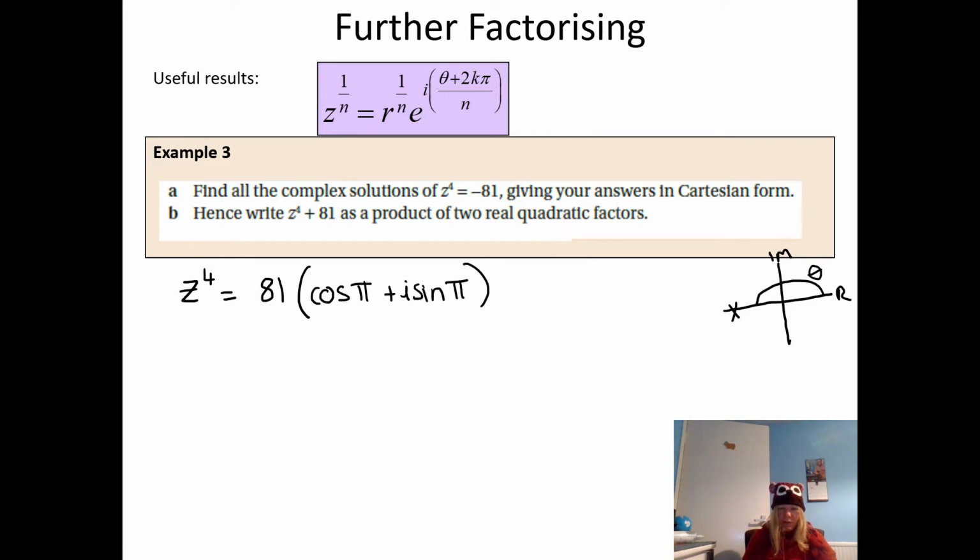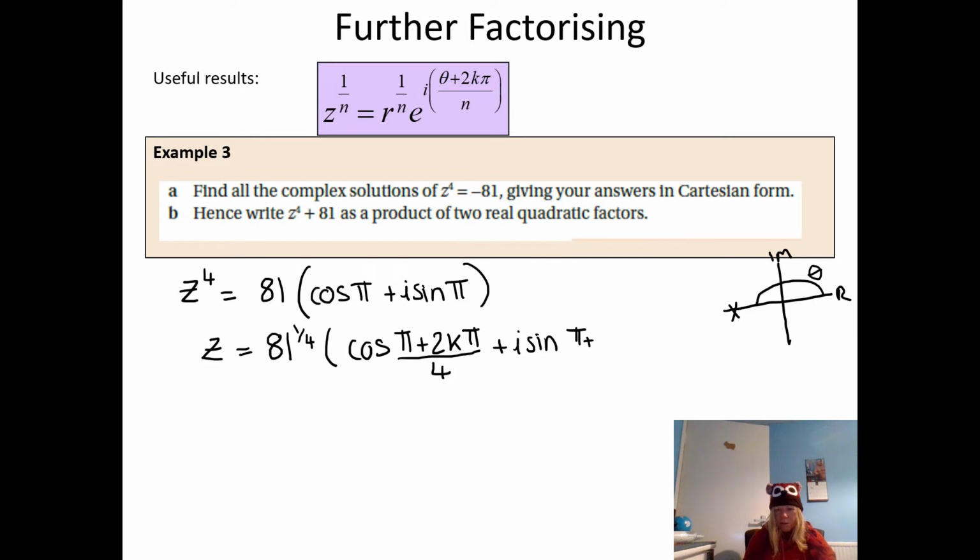Now I'm going to get rid of the z to the 4 in a minute, we'll take the fourth root. So that would be 81 to the power of a quarter, and here, remember we said it's the same however many times you go round, so that's cos of pi plus 2k pi, and because we're going to put it to the power of a quarter, we can use De Moivre and put it under there, can't we?